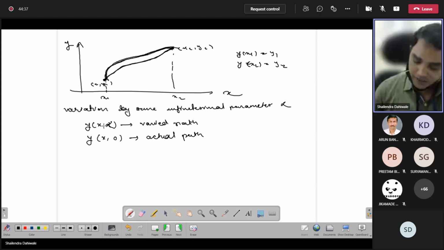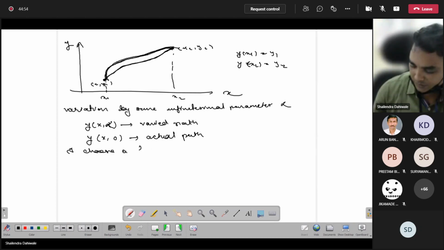And again I define a function which is a variable of x.